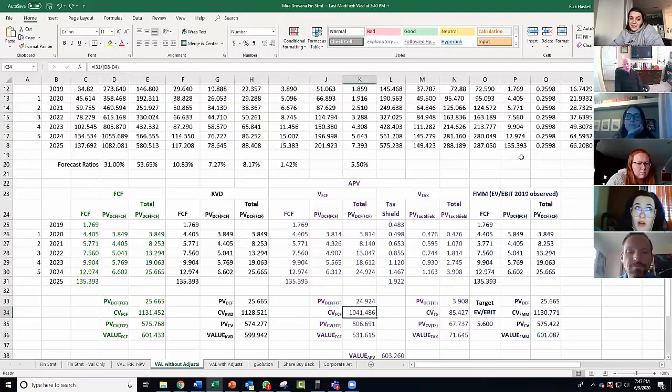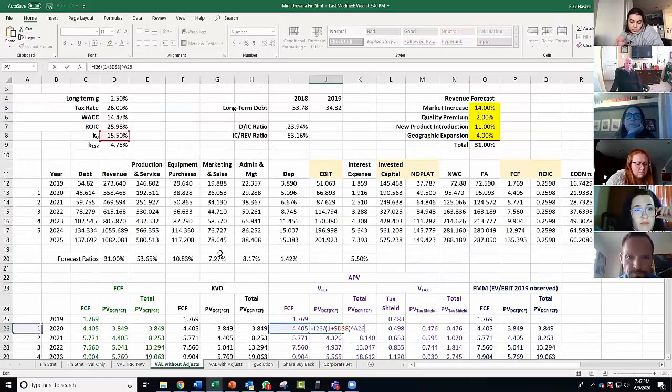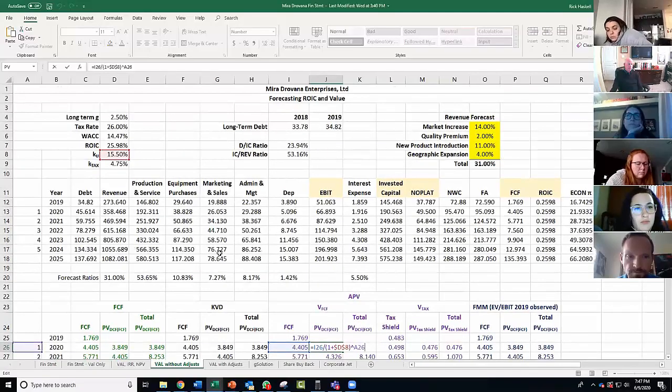And here in the FCF, so half of the adjusted present value model, I got the exact same free cash flows. I'm discounting them the same way, but notice that my discounted values are different. And that's because my discount rate is different. Not a lot, but some.